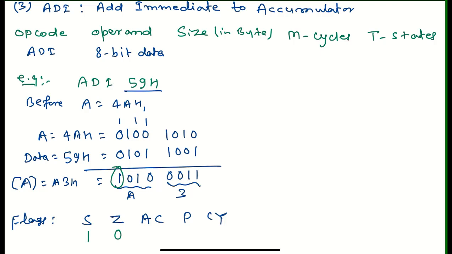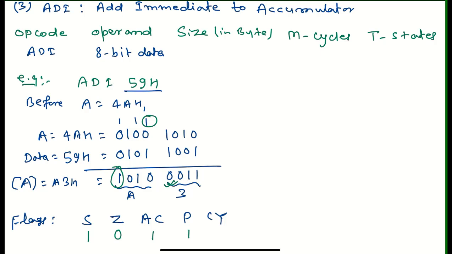And from the fourth stage, auxiliary carry has been generated. That is the reason this auxiliary carry status will be 1. The number of ones in this result is 4, so an even number of ones is available in the result. Due to that reason it will have even parity, so the parity bit status will be 1.